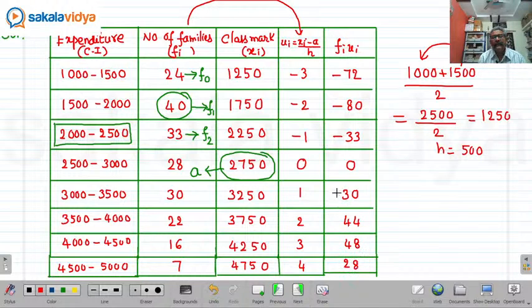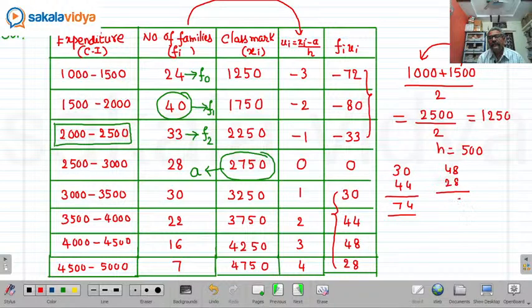First add these positive values, next add negative values. So 30 plus 44 is 74. 48 plus 28 is 76. Add these two, 74 plus 76, 150.